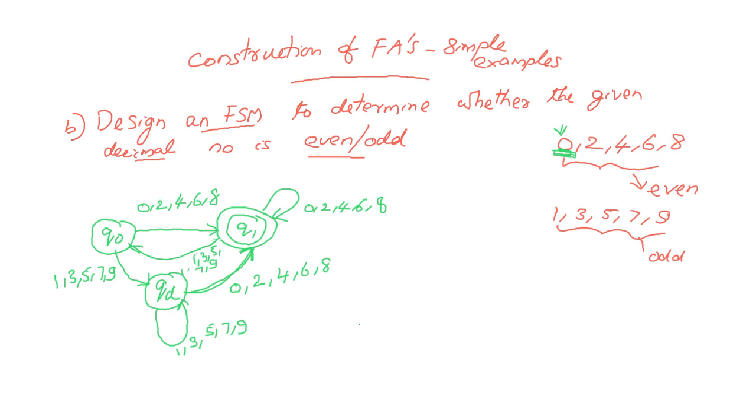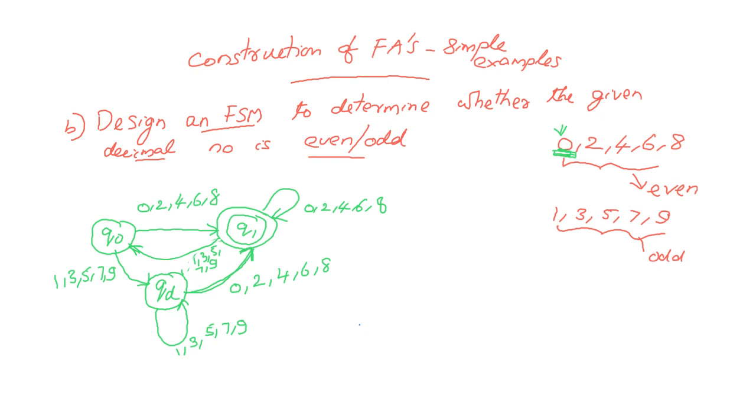And you can actually verify this DFA by putting up some examples. I think it's very clear that for the same problem we can draw a DFA in a different way.